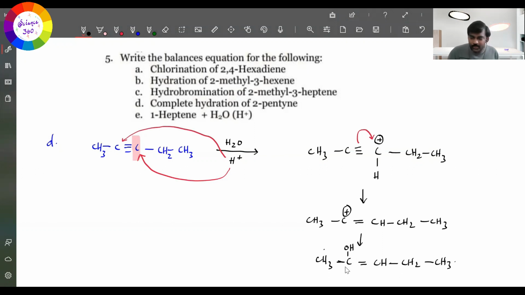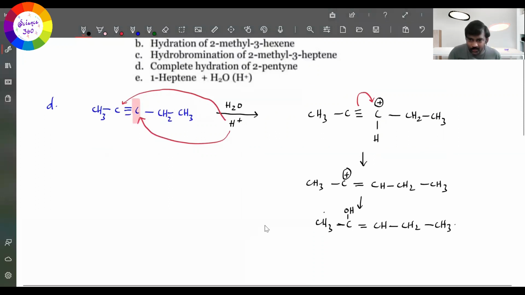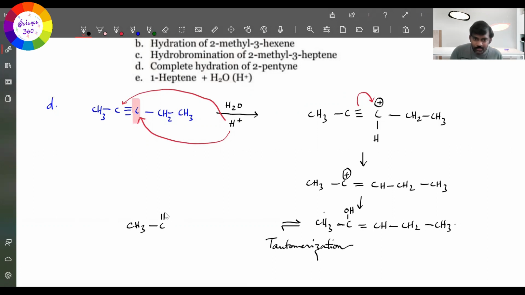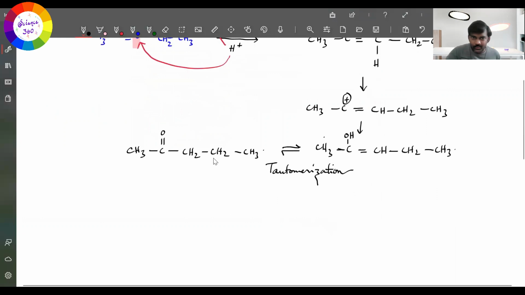So this is what is going to happen. Now it is an enolic form, so this enol will undergo tautomerization to give C double bond O here and here CH2, CH2, CH3. So this compound it will give. This is one product you can get.